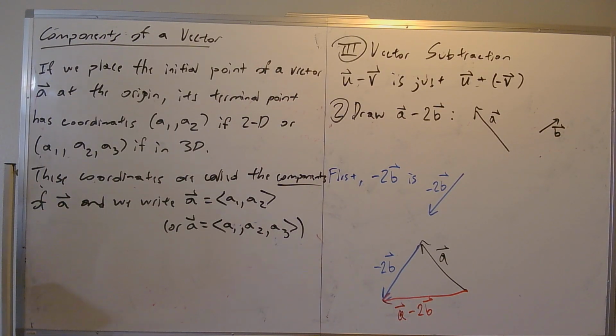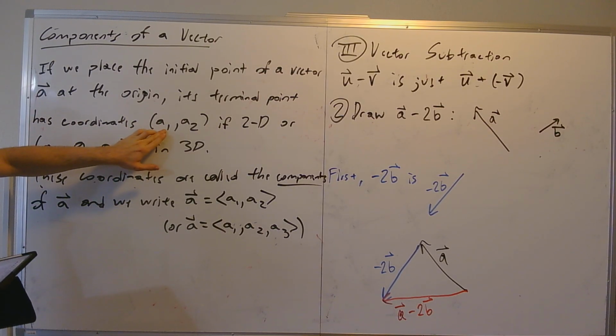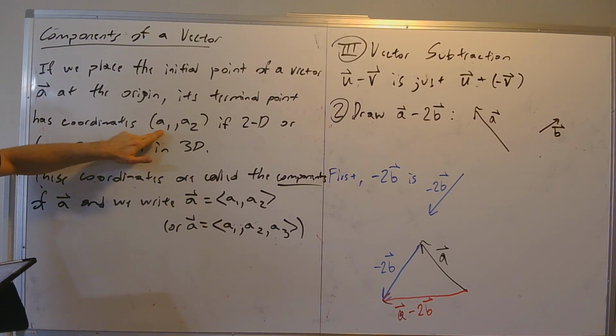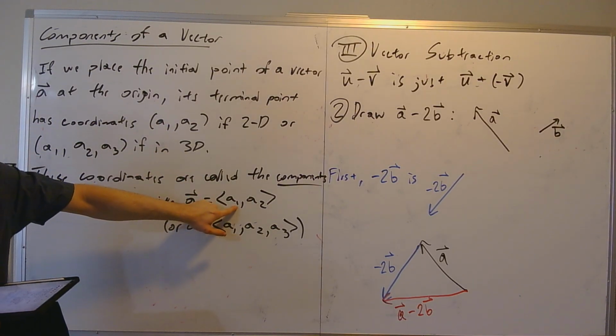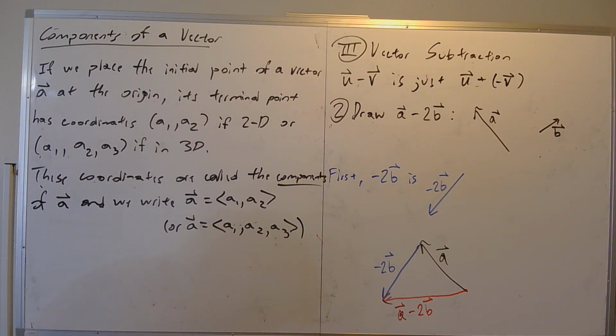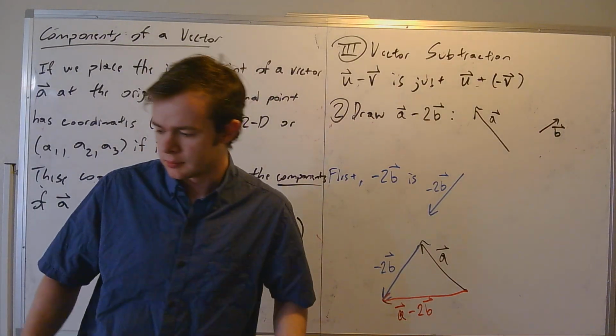Okay, so I'm going to say exactly what we mean by this here. So this is the final point, so we're labeling this vector that starts at the origin and ends at this point by the coordinates of the terminal point. So we want to draw exactly what we mean by that statement.